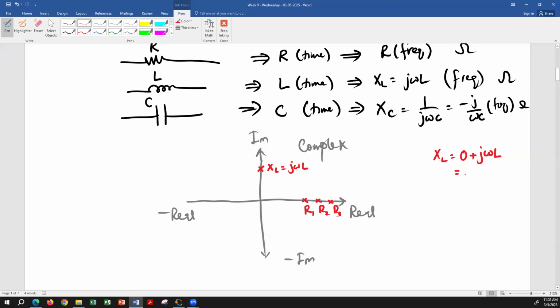And what is the phase of X_L? 90 degrees. Very good, because it lies here, on j. And what about X_C? X_C is 0 minus j over omega C. What is this in polar form? This is the rectangular form. What is the magnitude? 1 over omega C, at negative 90 degrees. Very good. Okay.